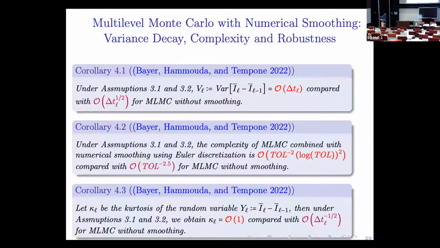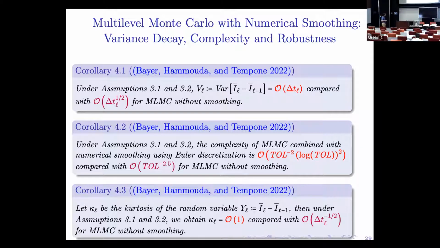And what we show is that, thanks to the regularity obtained by this numerical smoothing, first we improve the rate of the variance decay, which is now of order Δt compared to Δt_L to the power 1/2. This leads to a complexity of TOL to the power -2, even though we have a Lipschitz function initially, compared to TOL to the power -2.5 without any smoothing.